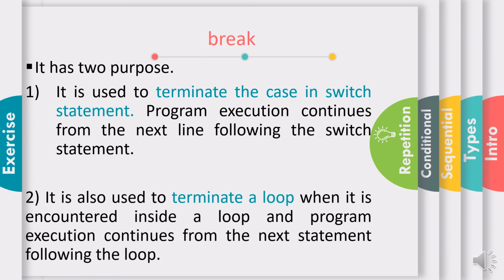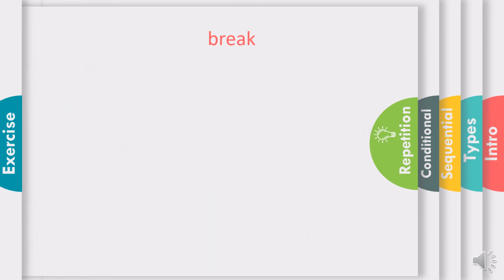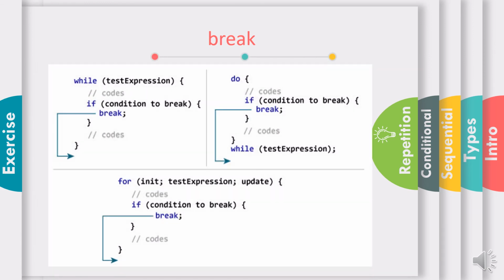Its second purpose is to terminate a loop. When it is encountered inside a loop, program execution continues from the next statement following the loop, which means whenever there comes a break statement inside the loop, it will break the loop and the control will come after the body of the loop.